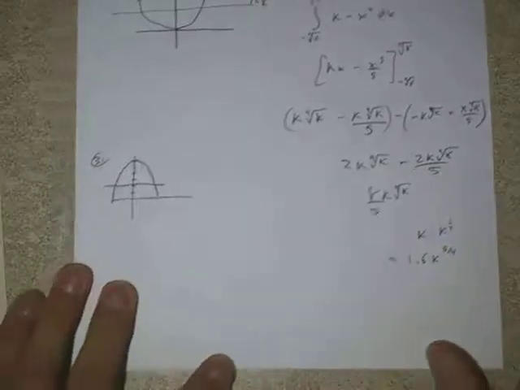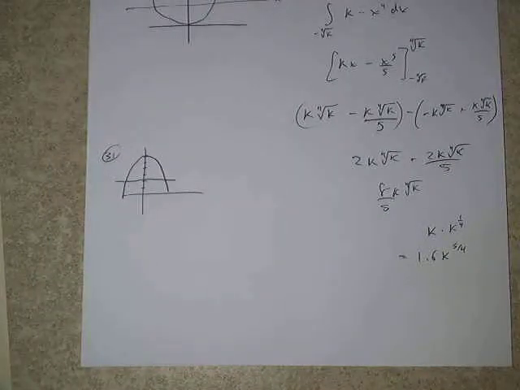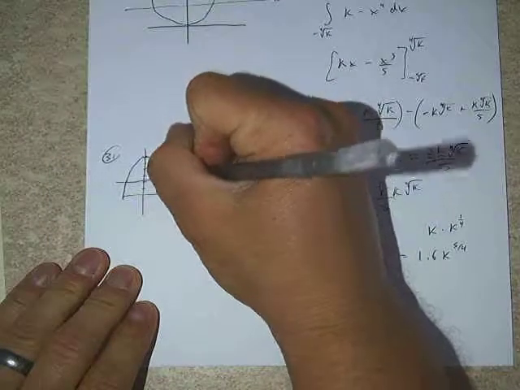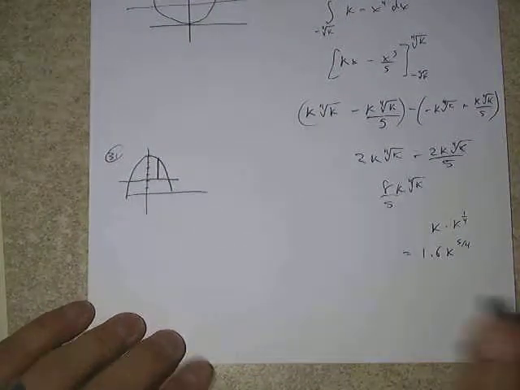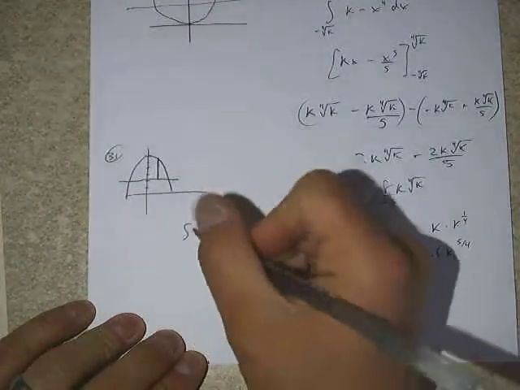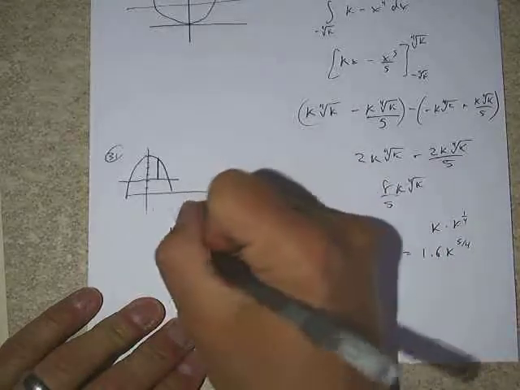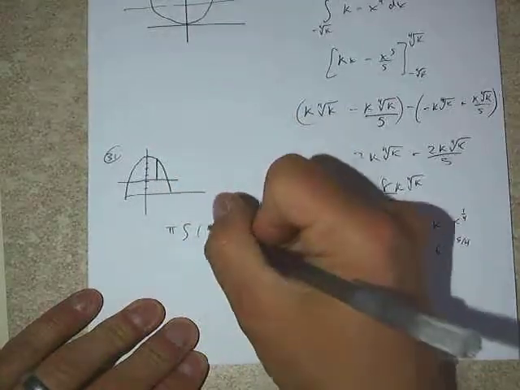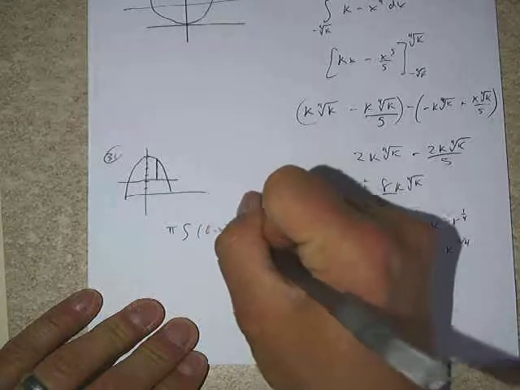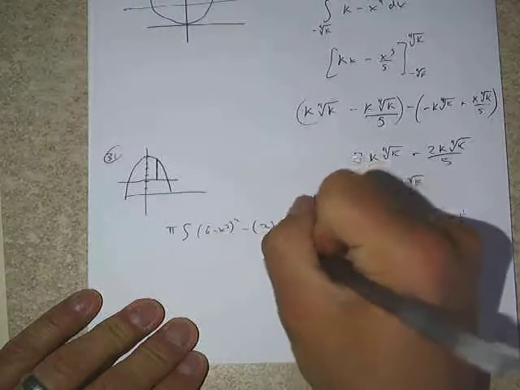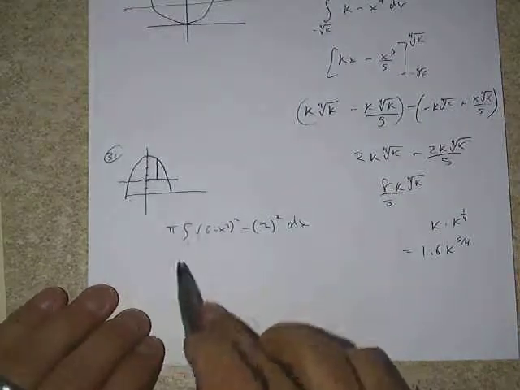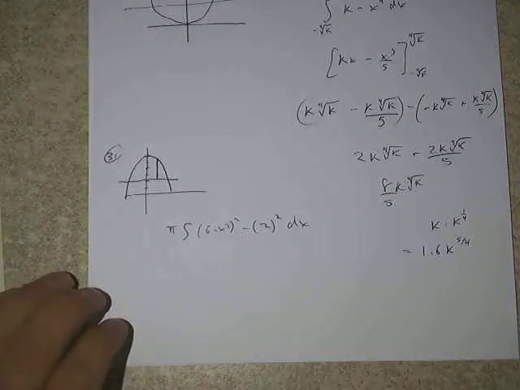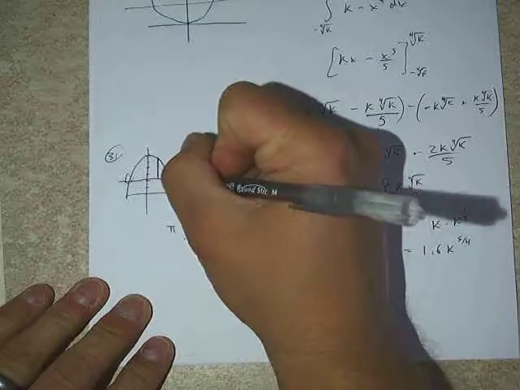And we're going to revolve that around the x-axis. So revolving around the x-axis, if I took a vertical slice, that would give me washers. So my washer setup here would be pi times the outside radius, the top function, 6 minus x squared, minus the inside radius, which would be the 2 function, squared.